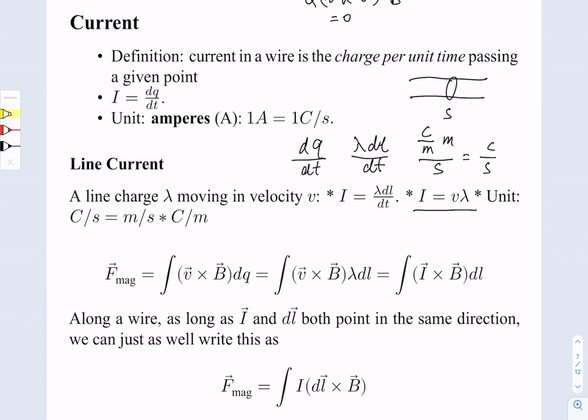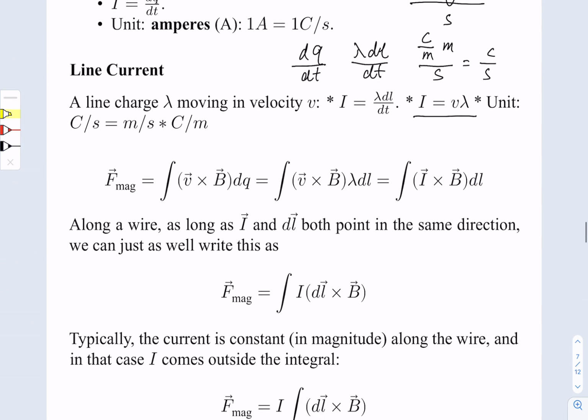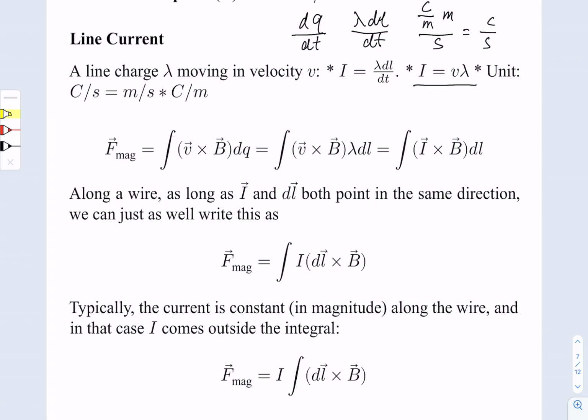Instead of I cross B, the dl should cross the B now. And one step forward, because the current is typically constant along the wire, we can pull this I out of this integral, and the magnetic force for this current in a wire can be written as this current times the integral of dl cross B.